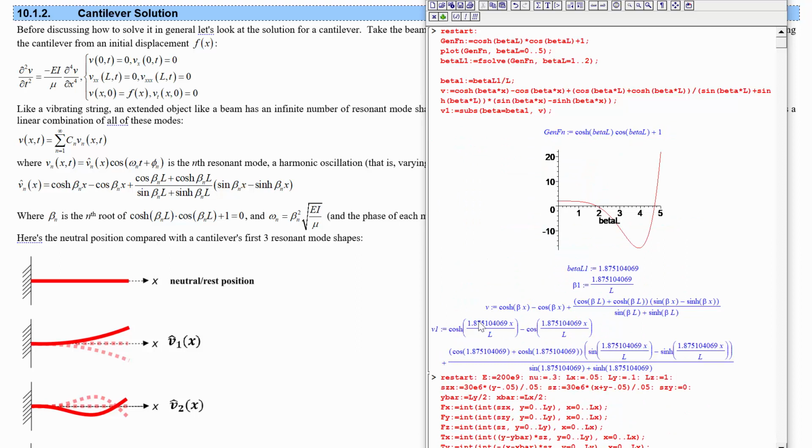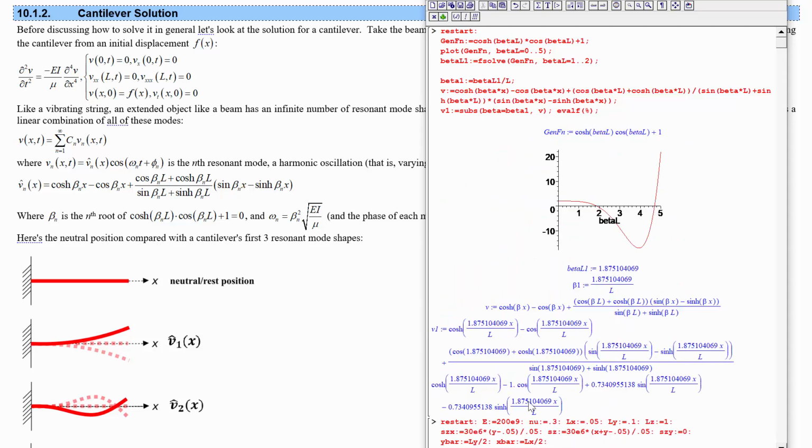So it's dependent on the x over L, and it's got this 1.875 thing that we substituted in. We could evaluate this as a floating point number. And that is just going to clean up the coefficient of the sine and sinh terms by combining these things together. So this is all known at this point, and we could get that.